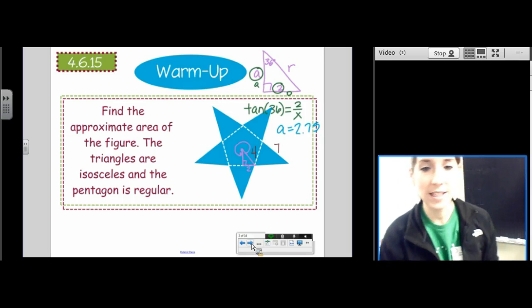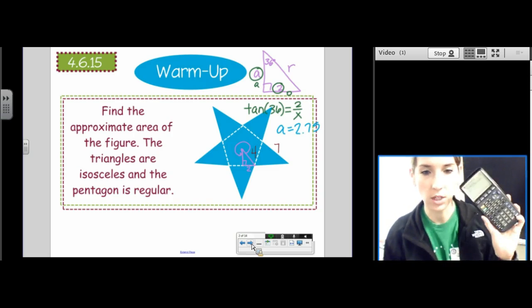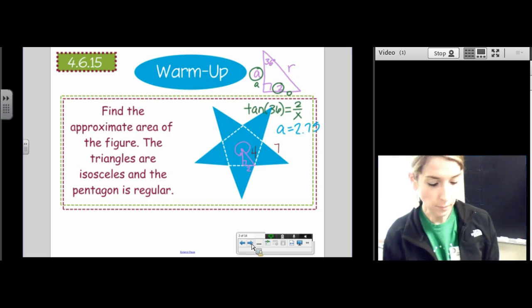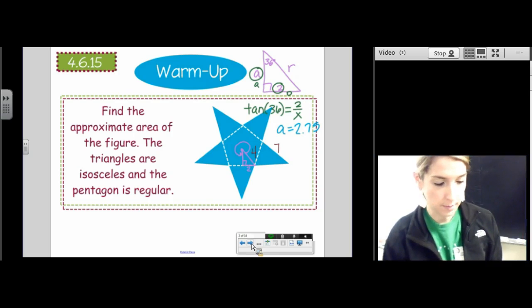The more decimal places you hold on to, the more exact your answer is going to be, or you can just keep it in your calculator. So that's the apothem. Let's multiply it by the perimeter. The perimeter is what? 4 times 5, 20. So 2.75 times 20 divided by 2.